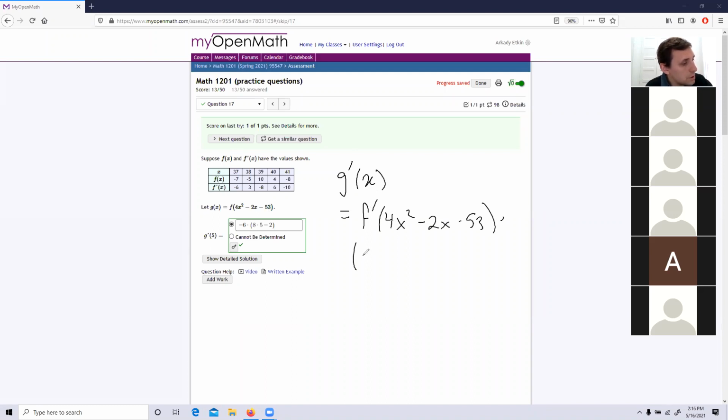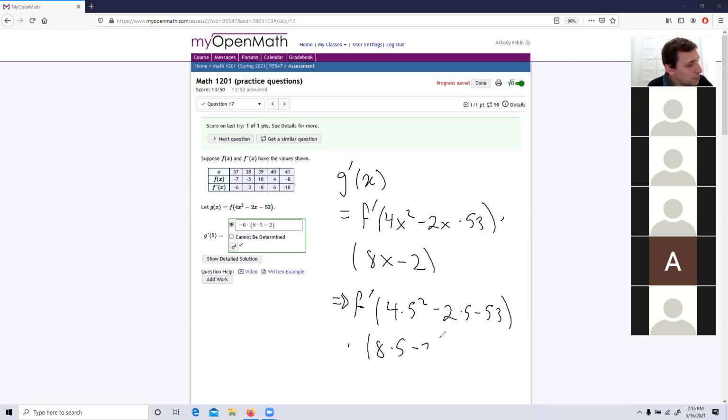Derivative of the inner function is 8x minus 2. Yes. Now, what is that? So we are getting f prime in this particular case because x is 5. So it's f prime of 4 times 5 squared minus 2 times 5 minus 53 times 8 times 5 minus 2.